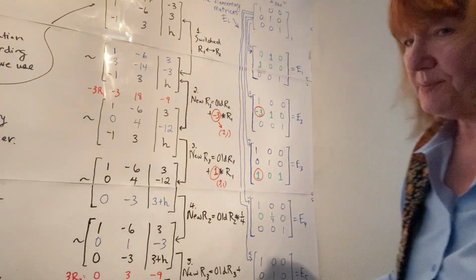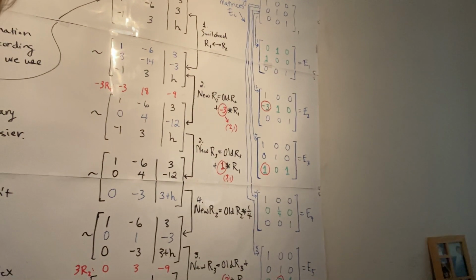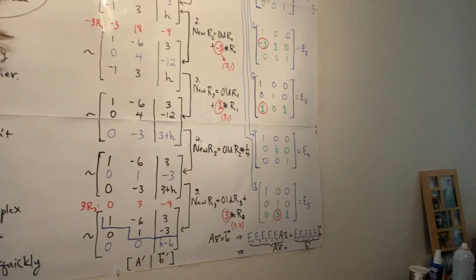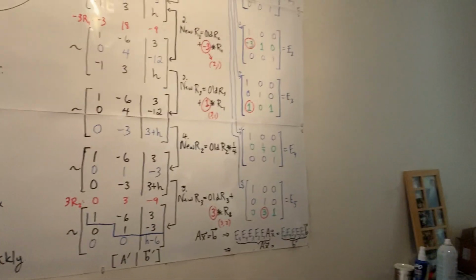Okay, so that's some practice generating elementary matrices, excuse me. I just want to emphasize why we do that kind of thing down here at the bottom before I go back to that other question.